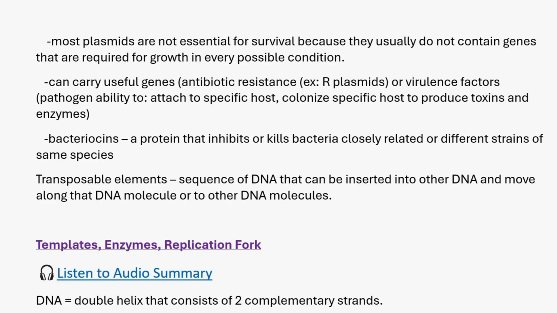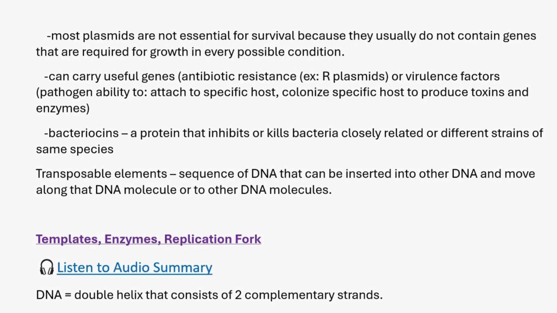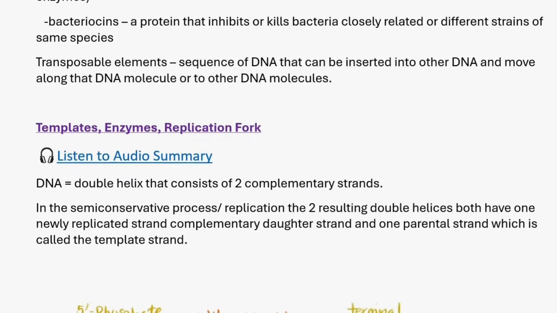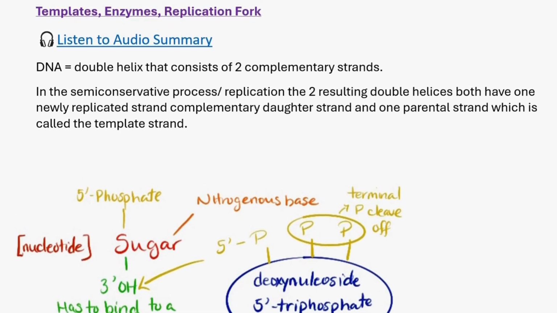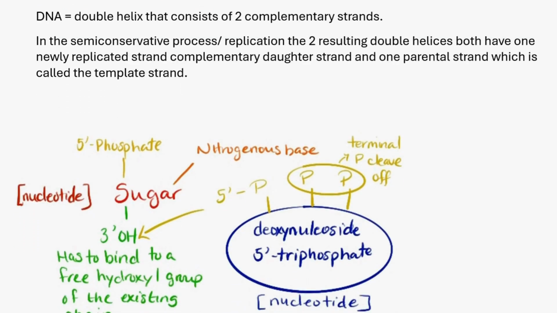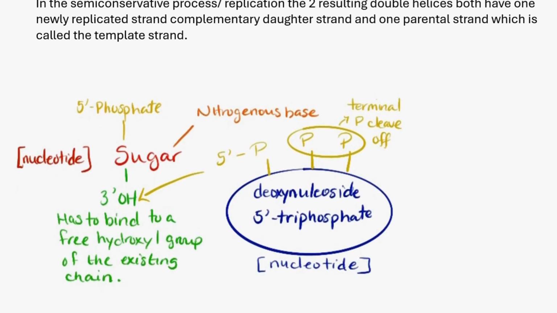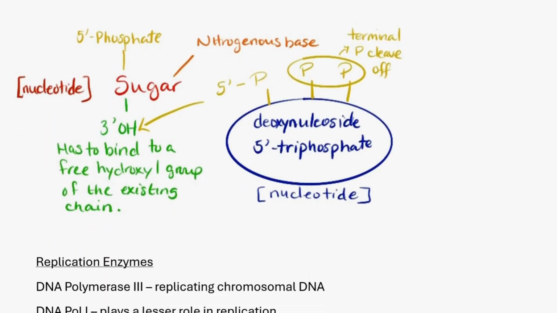The semi conservative nature of DNA replication ensures that each daughter DNA molecule contains one original parental strand and one newly synthesized strand. This process begins at a specific origin of replication where origin binding proteins open the DNA helix. Helicase unwinds the double stranded DNA, forming a replication fork, while single stranded binding proteins stabilize the unwound strands to prevent reannealing.